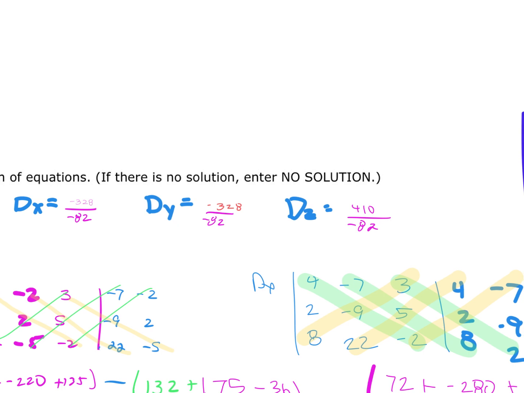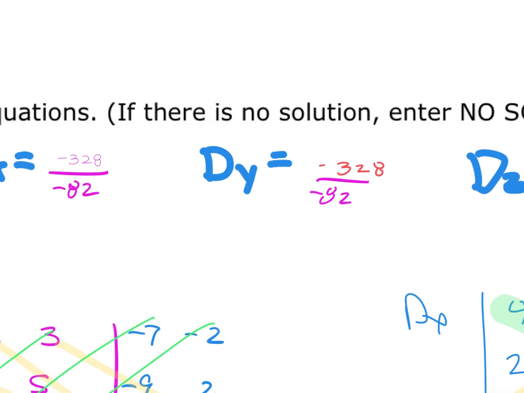410. Now, guys, when you divide these numbers, if you don't get whole numbers, you should get a terminating decimal. If you go through this and you get some sort of repeating decimal that makes no sense, then you know you did some sort of calculations wrong. But if we divide 328 by 82, negative divided by negative is a positive, this gives me the whole number 4. So my x value is a 4.